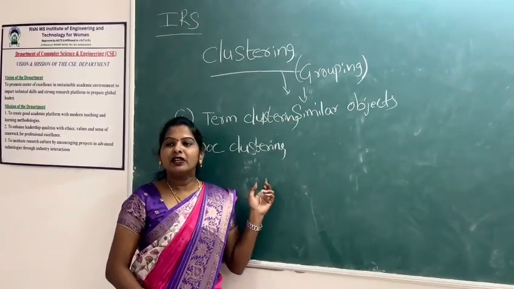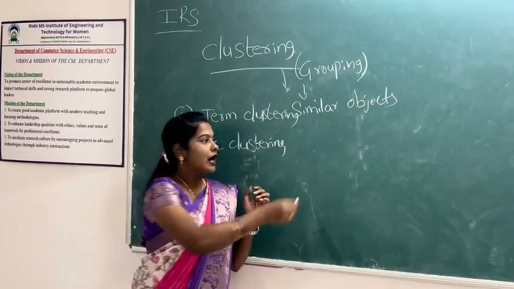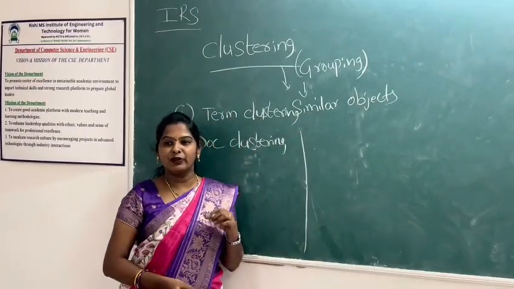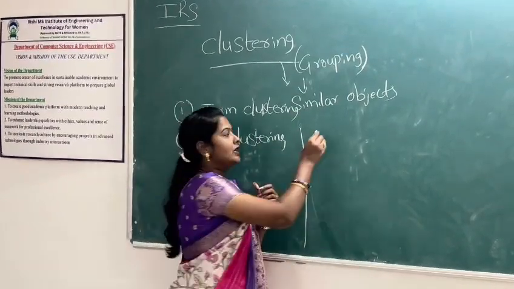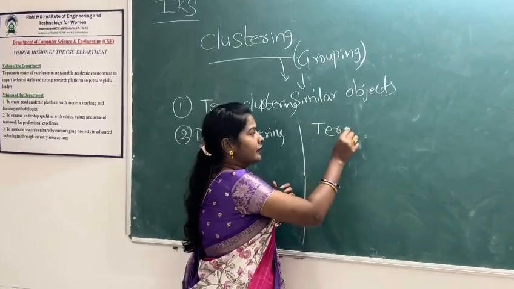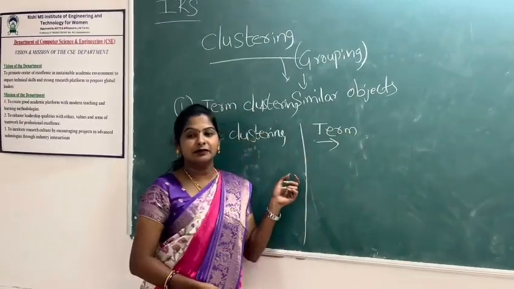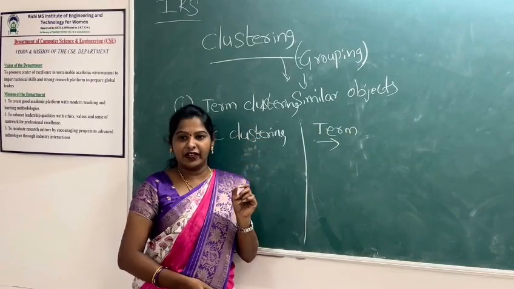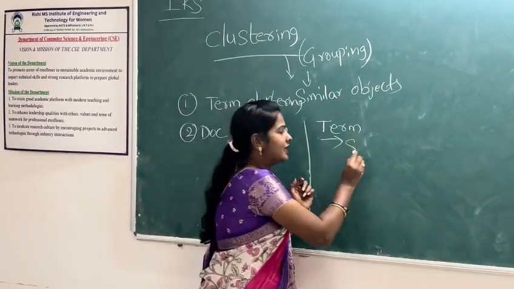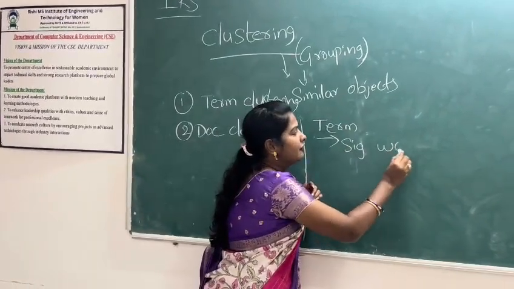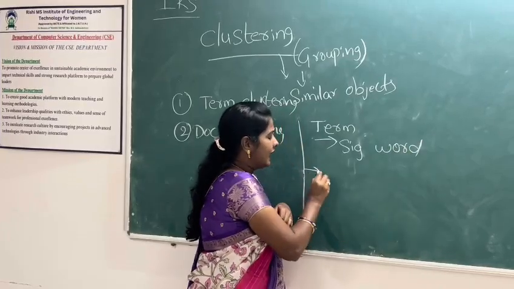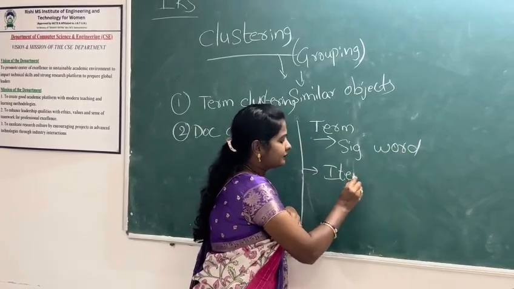So before learning term clustering, we have to know the difference between a term and an item. So what is a term? A term is a significant word. And next, what is an item?